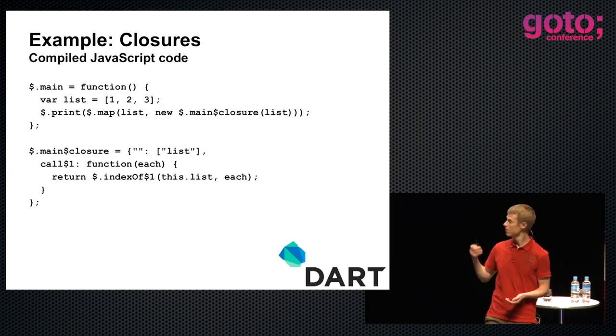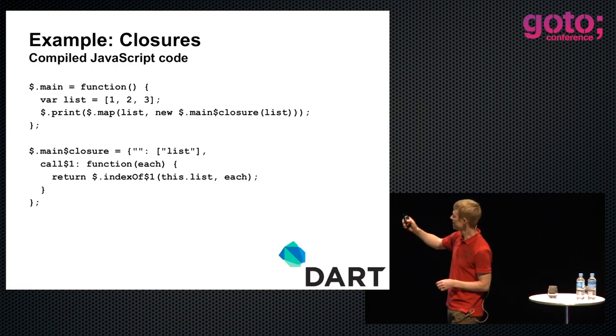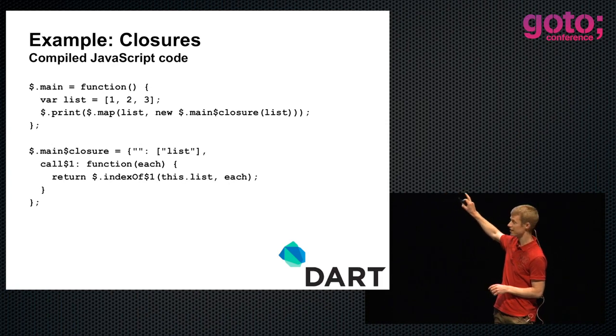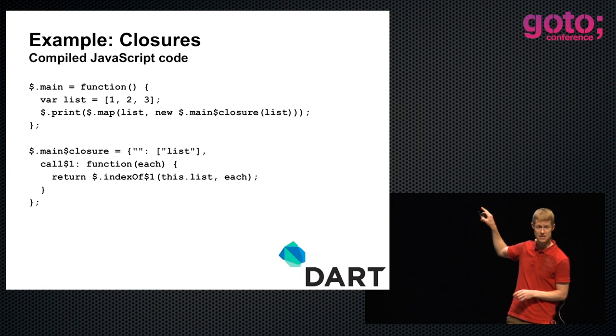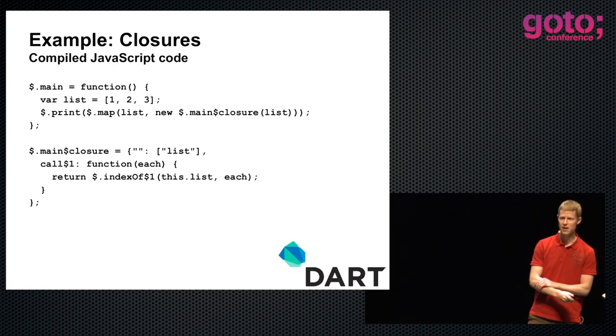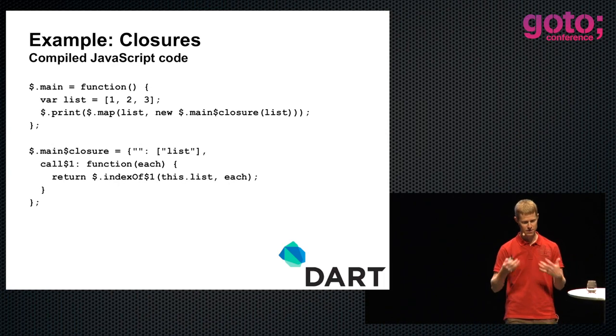One thing that's probably worth mentioning here is that it might be a small detail for some, but it's actually kind of important that at the return $indexOf, we're not calling indexOf on the list. We're actually passing the list as the first argument. And this is a general thing. In our system, we've decided not to do what people usually refer to as monkey patching of the core classes.